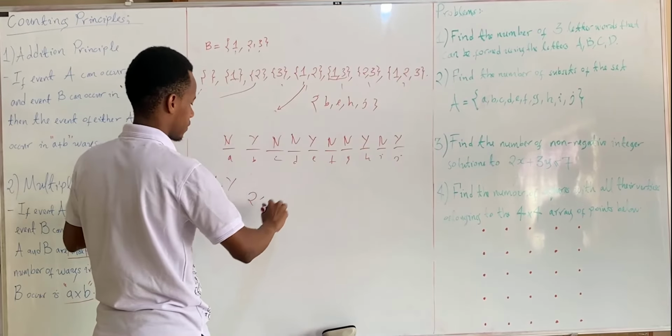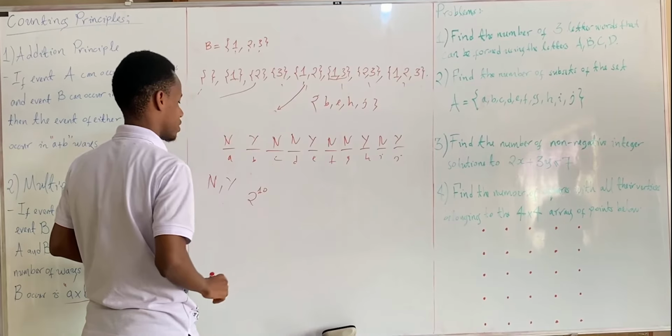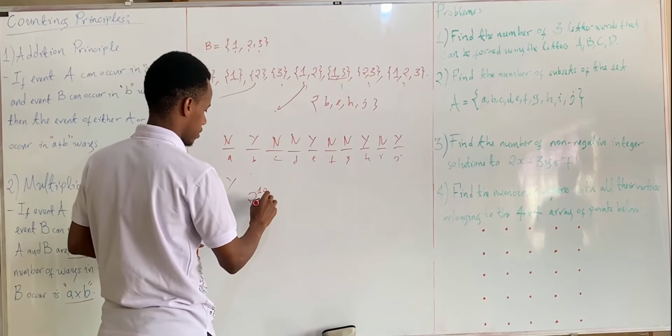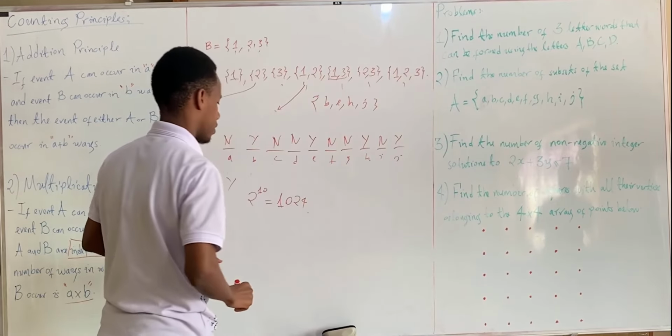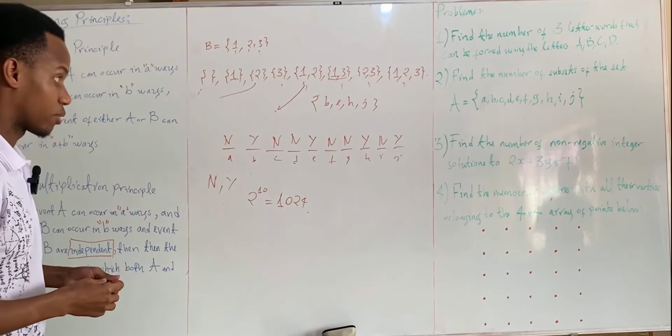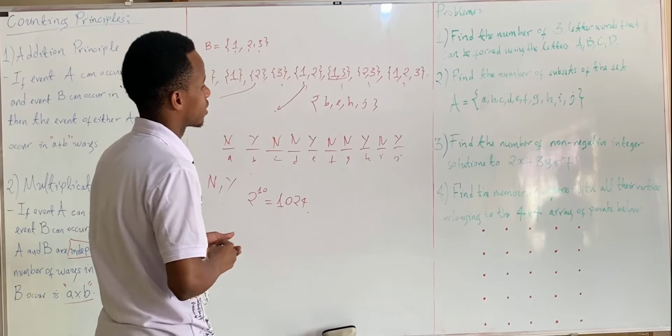So there are 10 2's in a row. Multiplying them out, you get 2 to the power 10, which is 1024 subsets.